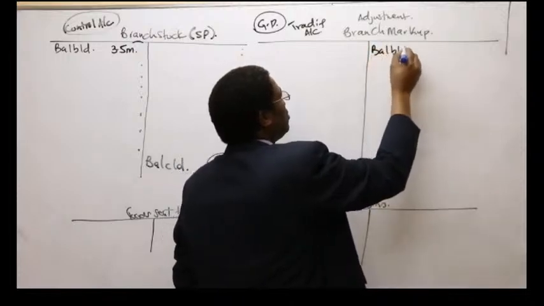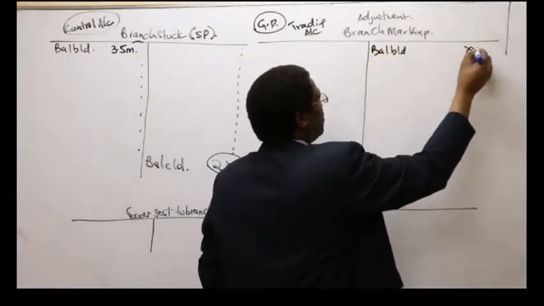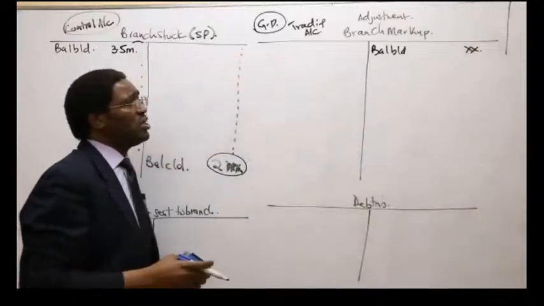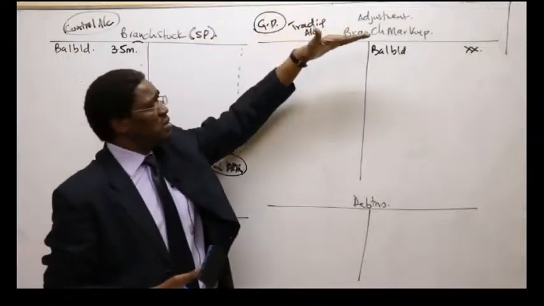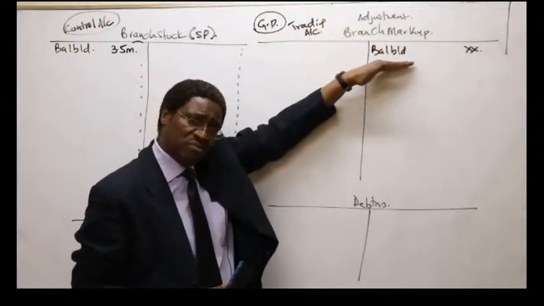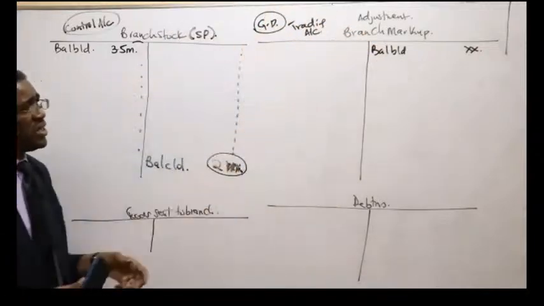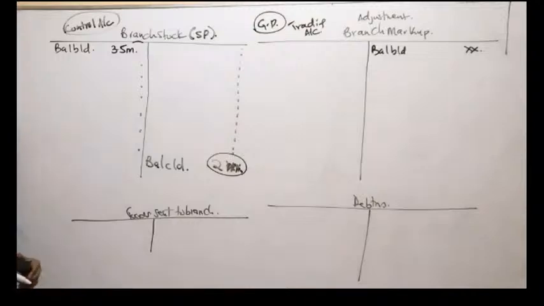So coming back to the branch markup, we can say that the opening balance in the branch markup normally represents the unrealized profit on the opening stock.